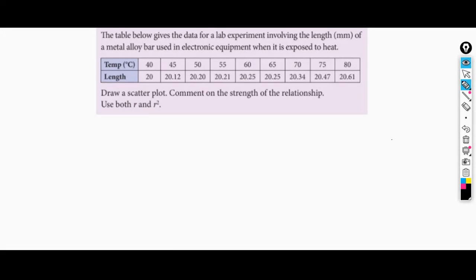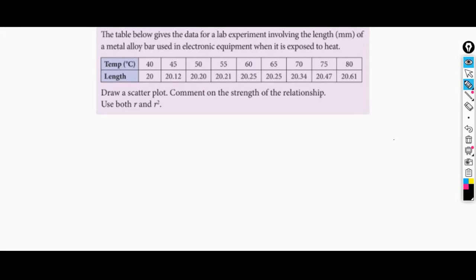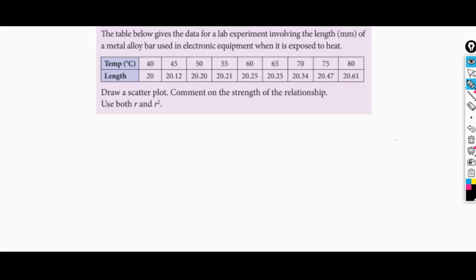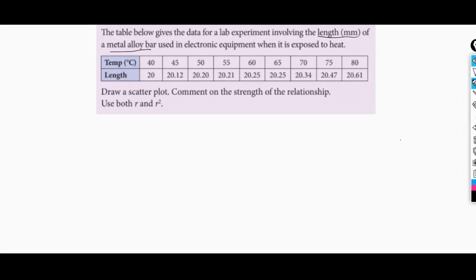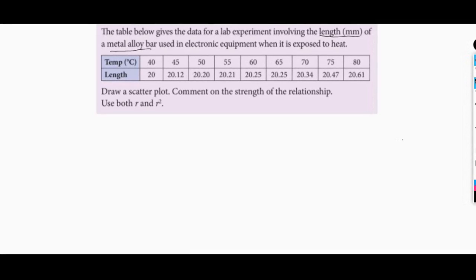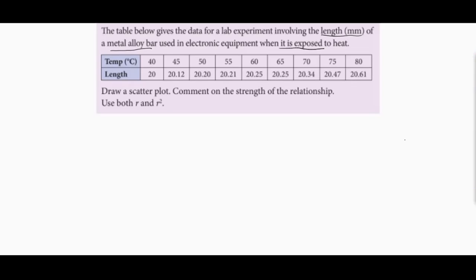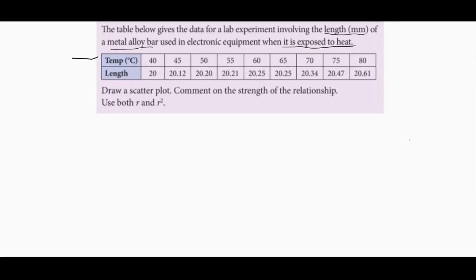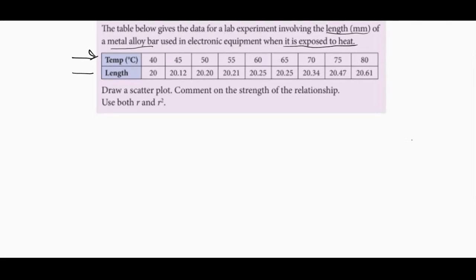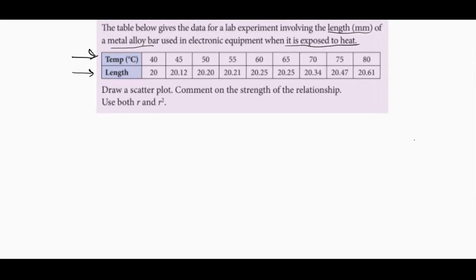It says, the table below gives us the data for a lab experiment involving the length in millimeters of a metal alloy bar used in electronic equipment when it is exposed to heat. Notice that we have temperature and the length of the metal alloy bar.